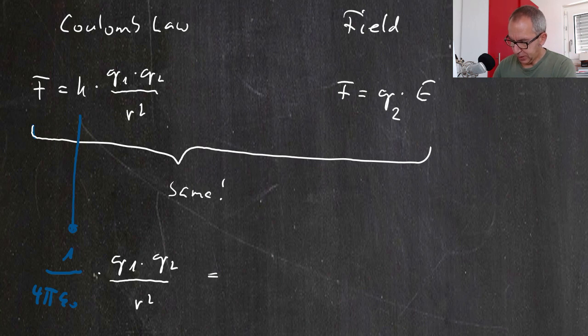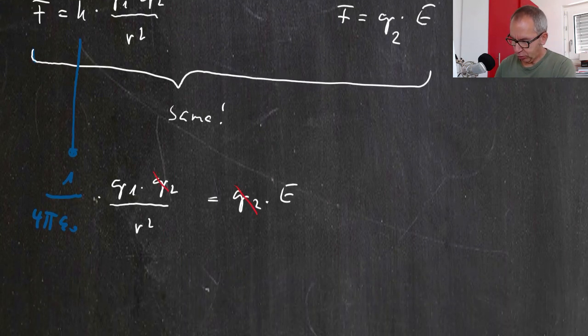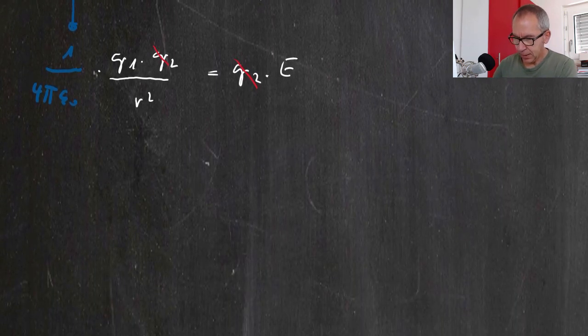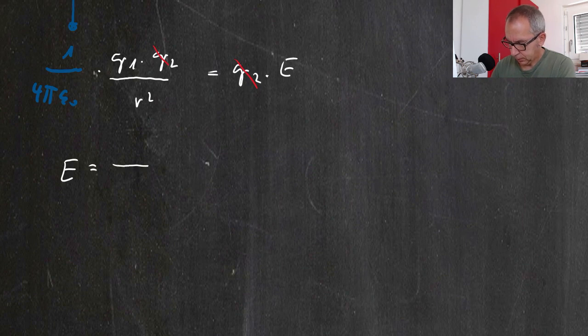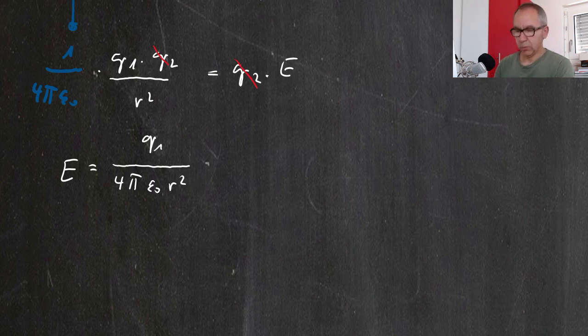And this has to be the same as Q2 times the electric field E. Q2 drops, and we can resolve for the electric field E. So we are left with Q1 over 4 pi epsilon 0 R squared.